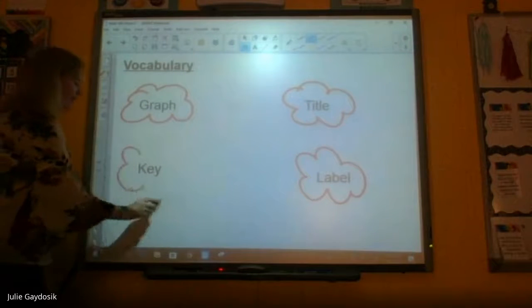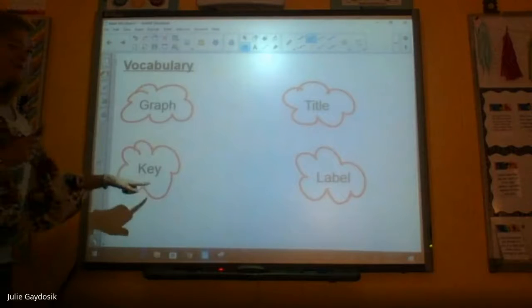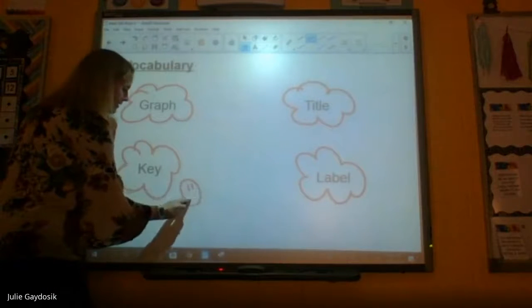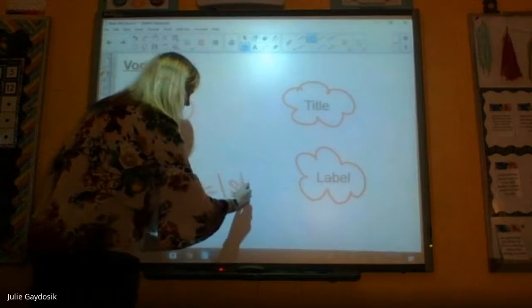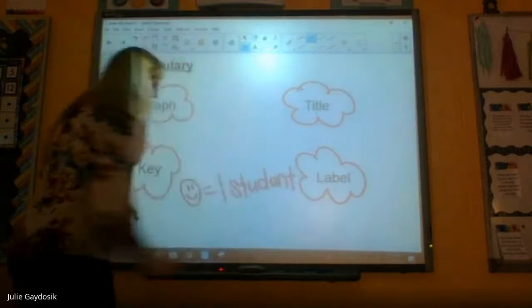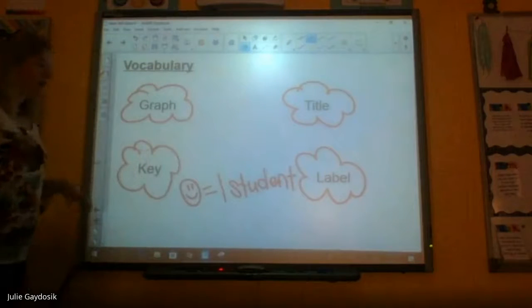What is a graph key? This we use for picture graphs, remember? So for example, 1 smiley face equals 1 student, right? 1 student vote. So the key would be at the bottom of the pictograph.